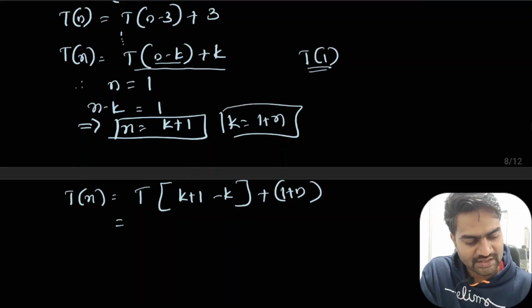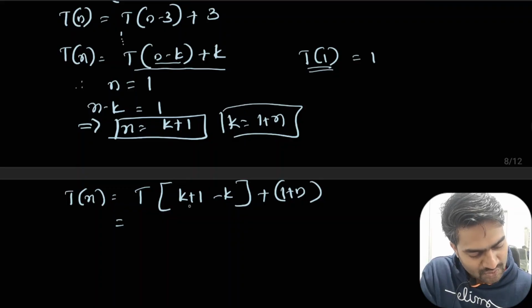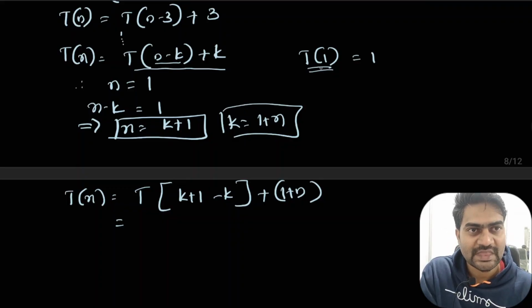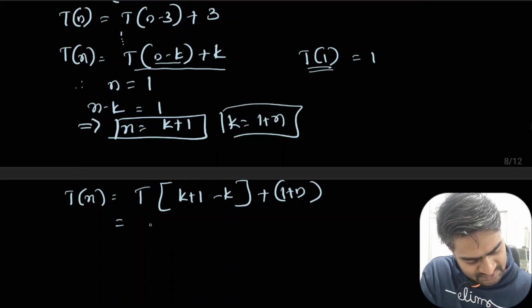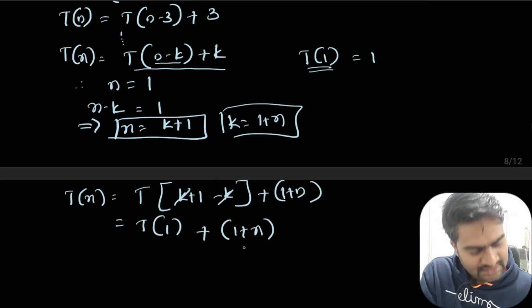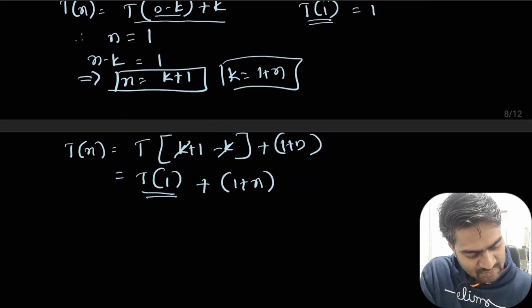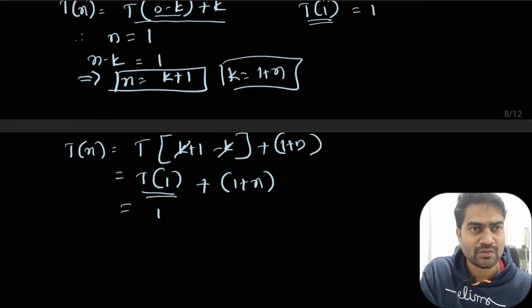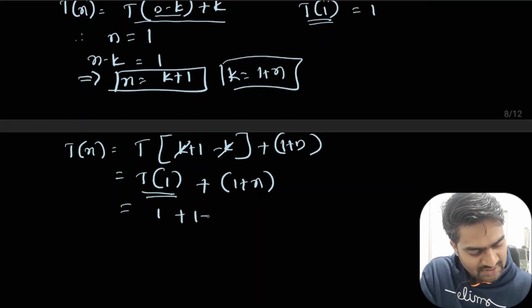So when our n is 1, we know that this will be 1. So I want to reduce it to get this particular base condition, which is T of 1. Now if you see, this gets cancelled, it becomes T of 1 plus 1 plus n. Correct, right? Now this T of 1 is nothing but our value 1, so 1 plus 1 plus n.